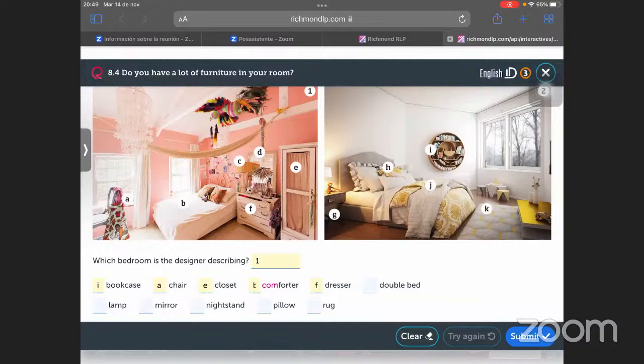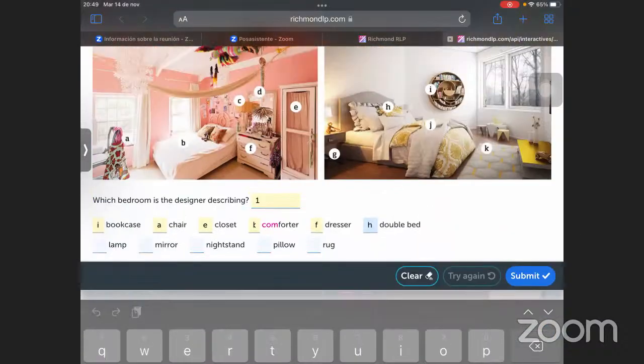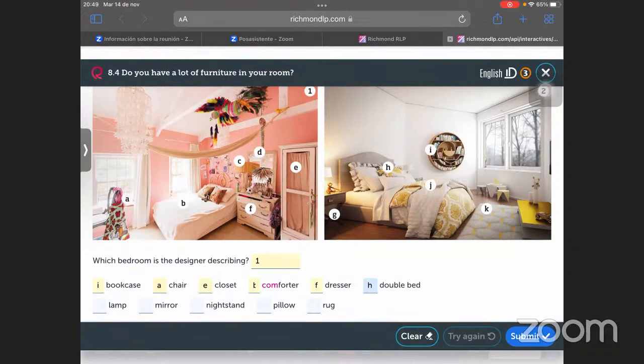Double bed. H. H. Okay. What is a lamp? Letter C. Yes?